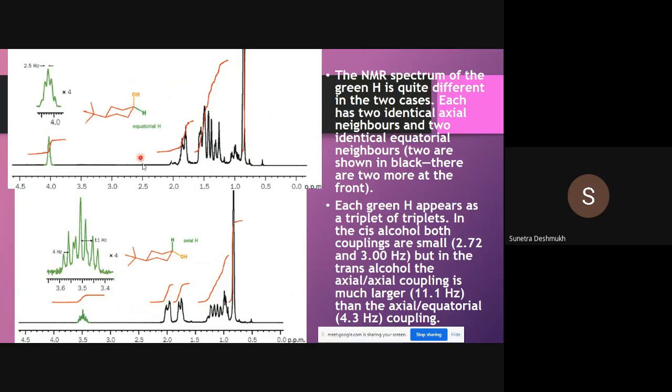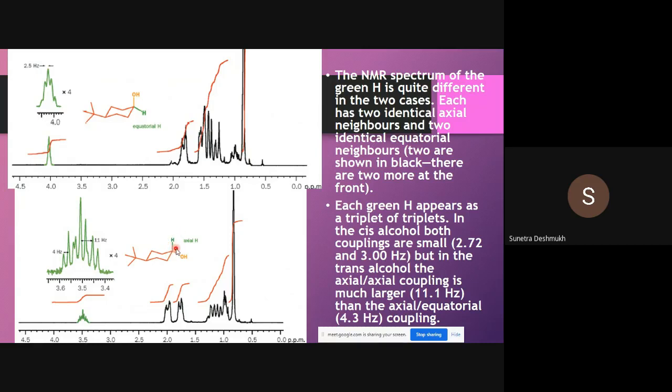Now, if we get trans alcohol, the hydroxyl group and tertiary butyl group are opposite to each other: the hydroxyl group present below the plane, the tertiary butyl group present above the plane. That indicates that the hydrogen must be present at the axial position. So the green hydrogen is present at the axial position.